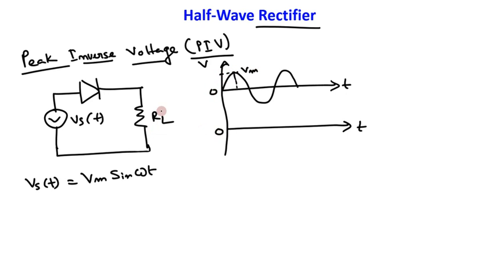Then what will be the output here? This output would be like this, like this. And what will be the amplitude here? Vm? No, have you forgotten this gamma part? So it should be Vm minus V gamma. This magnitude, Vm minus V gamma.